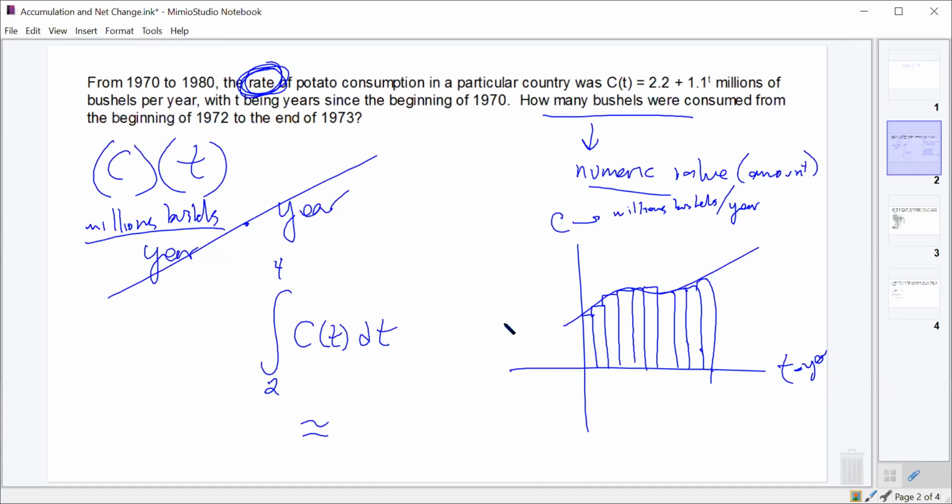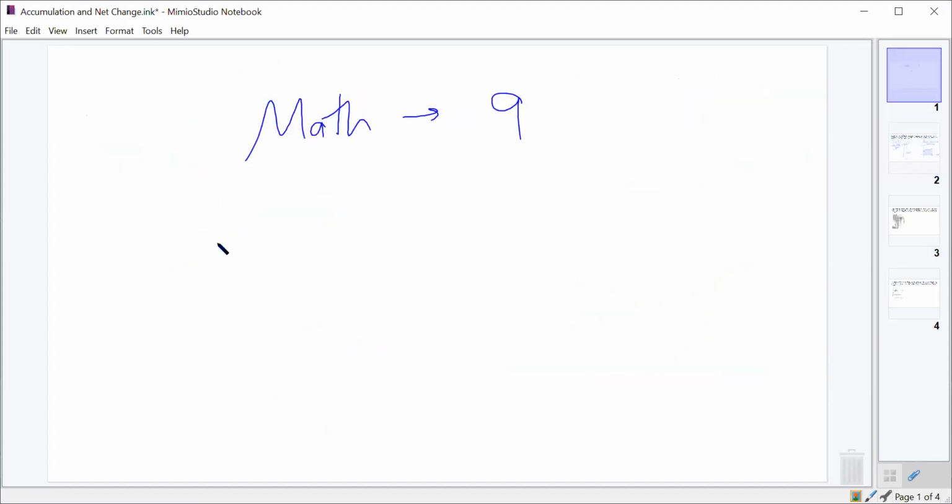Whenever we type it into our calculator, we'll just do it in terms of x. So you'll write 2.2 plus 1.1 to the x dx. Does anybody not come up with an integral sign when they hit option 9? Anybody just show up like this, FNINT parenthesis? Yeah.